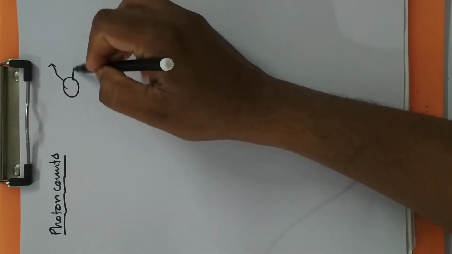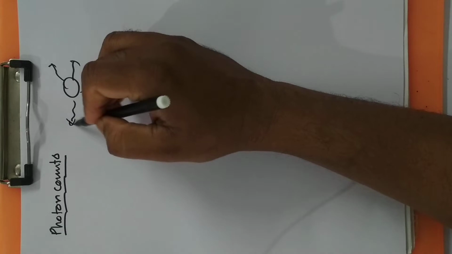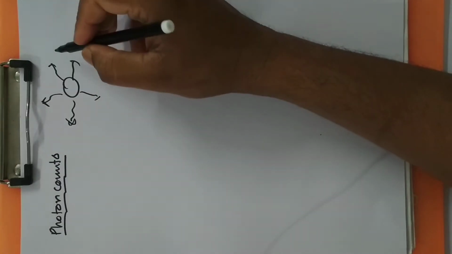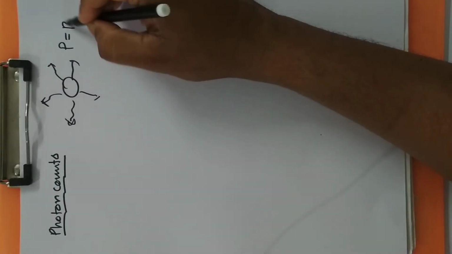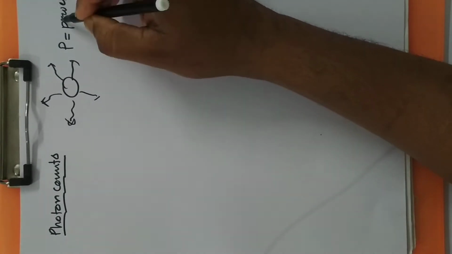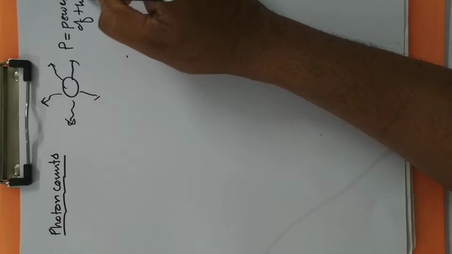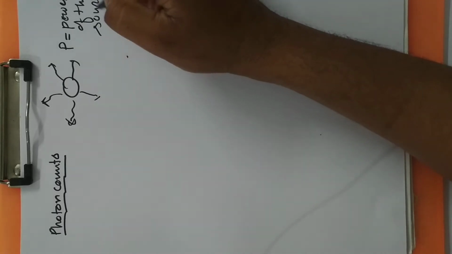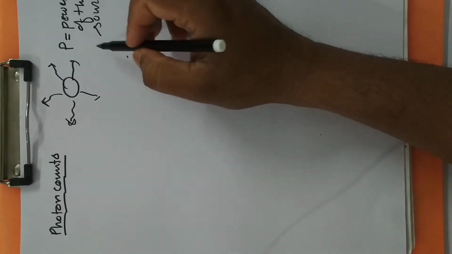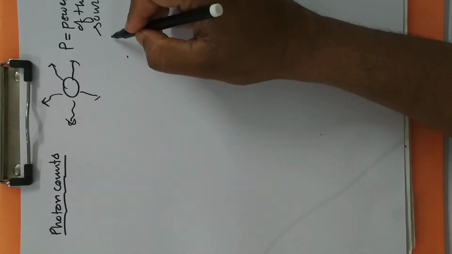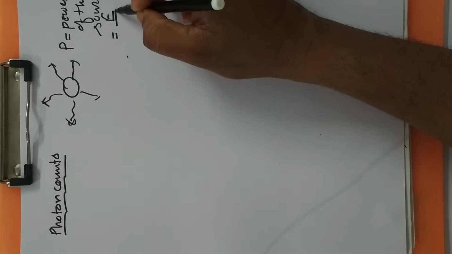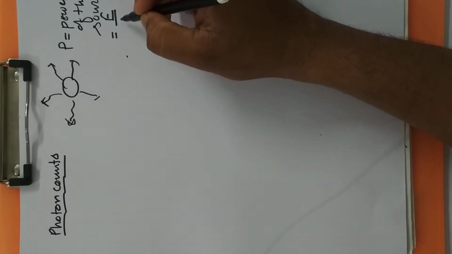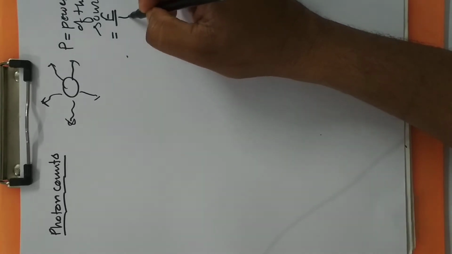Okay, from here light is going out continuously, and let us say P be the power of the source. Here we need to understand P means this is the total amount of energy the source is radiating or emitting per unit time.